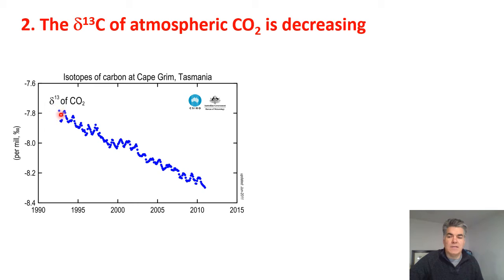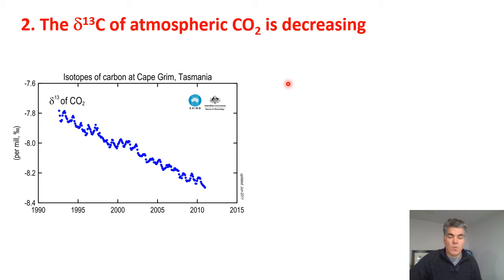And starting in the 1990s, we had about minus 7.8 per mil, and now we're down to below minus 8.3 or 8.4 per mil. So there's a small but measurable decrease in the delta C13 of atmospheric carbon dioxide.